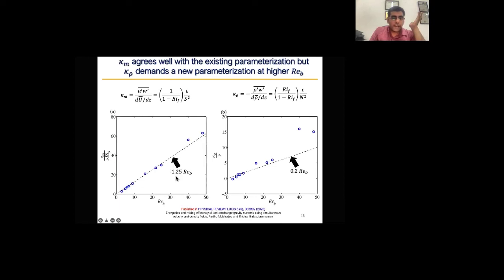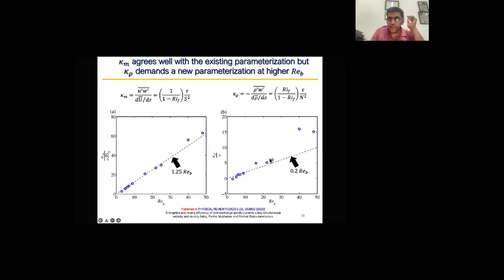And we saw that the eddy diffusivity of momentum has a very nice parameterization, which gives a good fit even at higher values of buoyancy Reynolds number. But when you come to the eddy diffusivity of scalar, this 0.2 REB, which has been used in traditional models, breaks down.